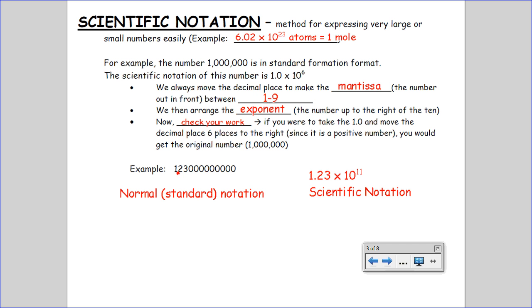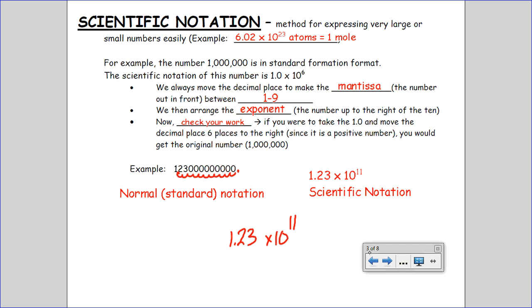And then we multiply times 10, that's always the case. And we decided 1, 2, 3, 4, 5, 6, 7, 8, 9, 10, 11, because that's where the decimal place started. Since we moved it up to be between the 1 and the 2, we moved it 11 places to the left. So the exponent is 11. And the number that comes in front is just the numbers that are not 0. That's how I learned this stuff. Scientific notation allows us to get rid of all the zeros that you'd have to write on paper.